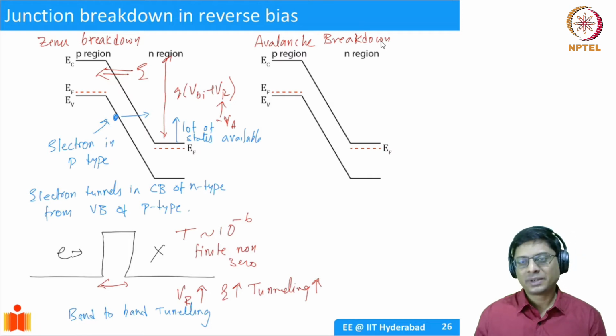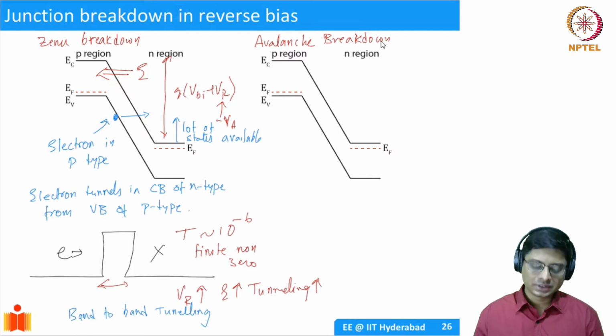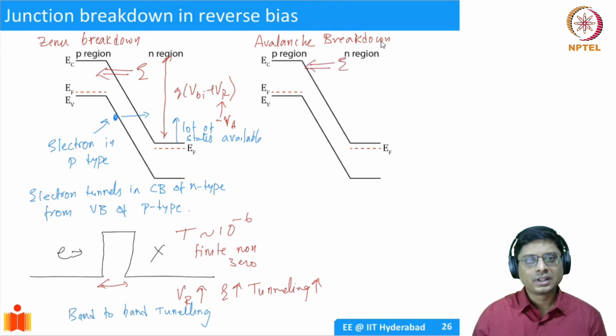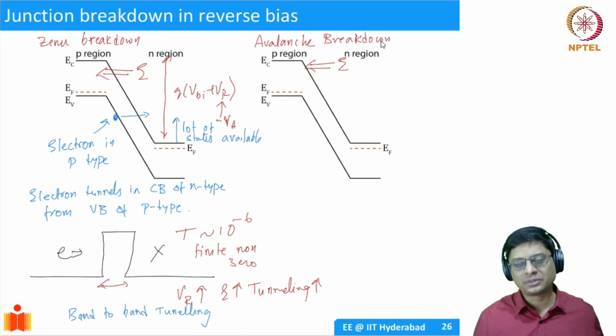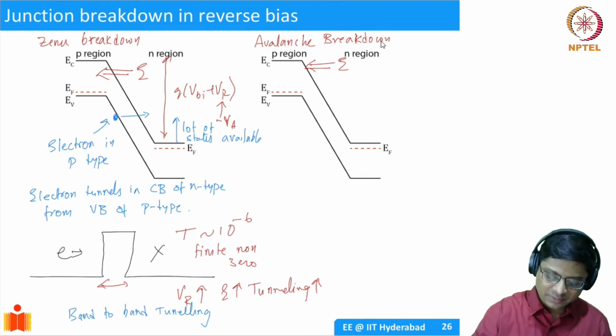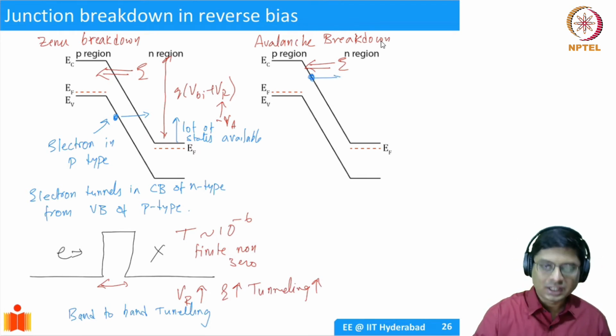We also have another type of breakdown which we call avalanche breakdown. We've already seen that here there is an electric field, right? There's a strong electric field here. And whenever you have an electric field, the carrier acquires a lot of energy as it travels. We have seen the kinetic energy of the carrier. So if you take an electron from here, it's going to travel and go deeper.